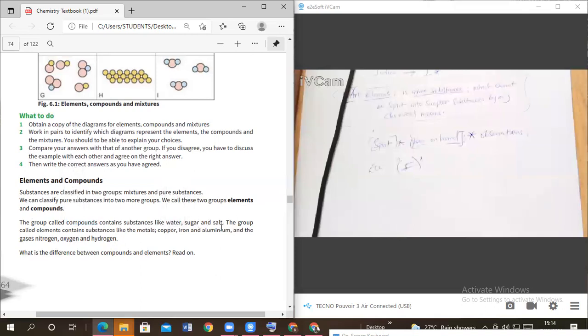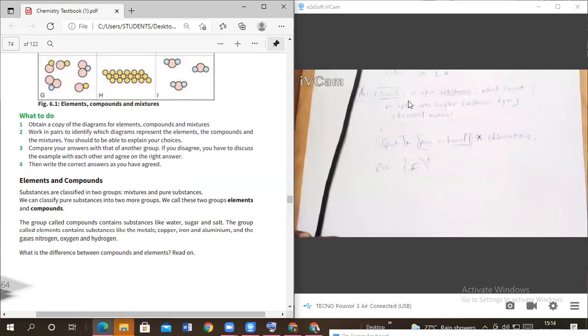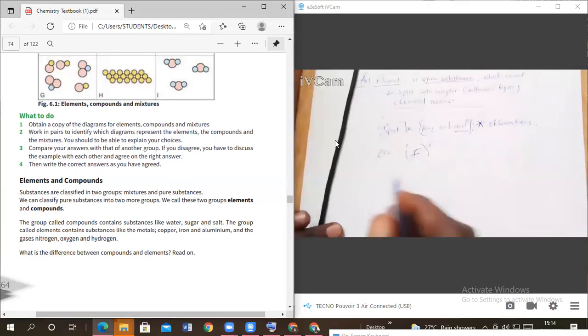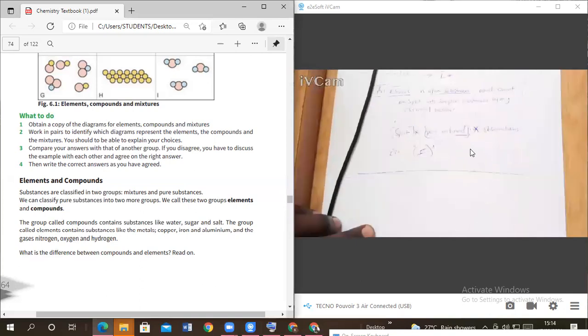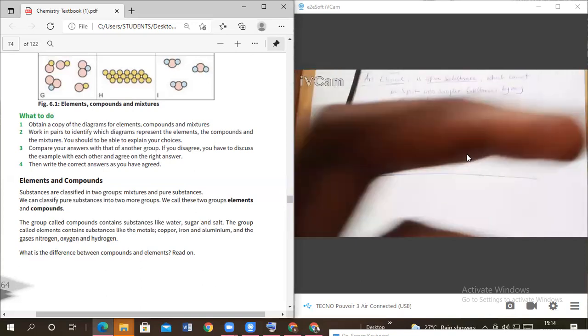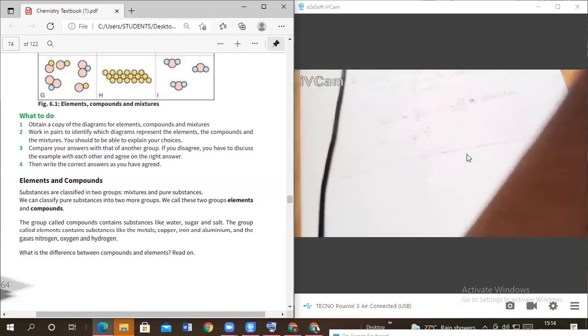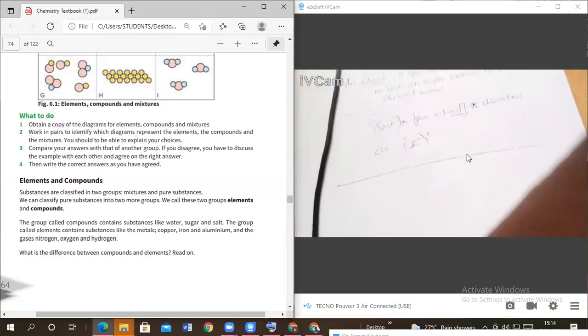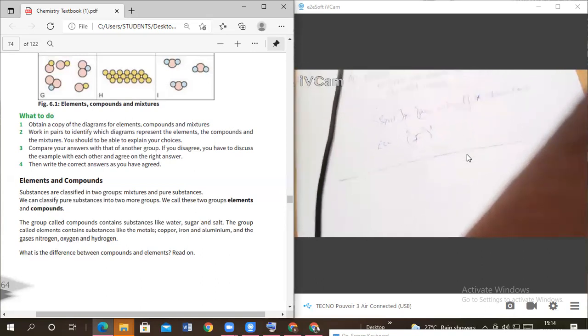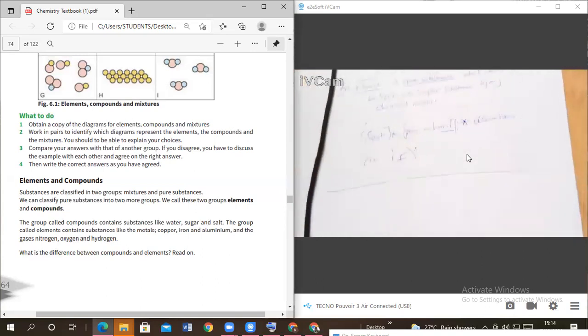It has sugar, it has salt. Salt is made up of what and what? Yes, the common salt we use at home. It's made up of what and what? Who knows?